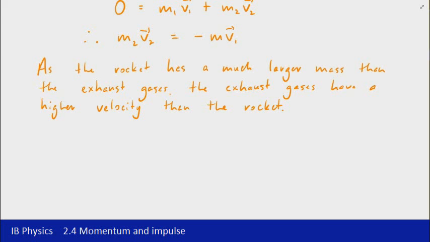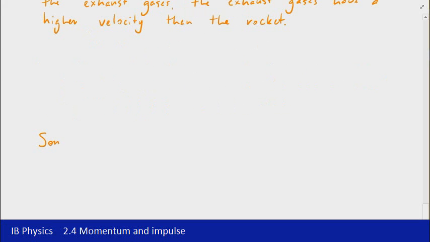A couple of other examples that you may wish to consider. I'll just make a note of these here, and we can have a discussion about how conservation of momentum applies in these scenarios. The first is the recoil of a gun.